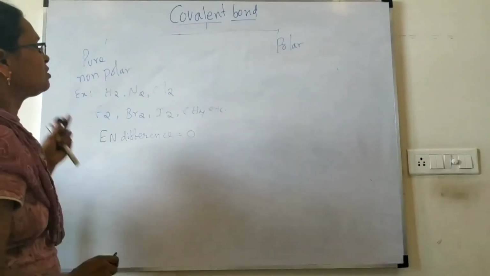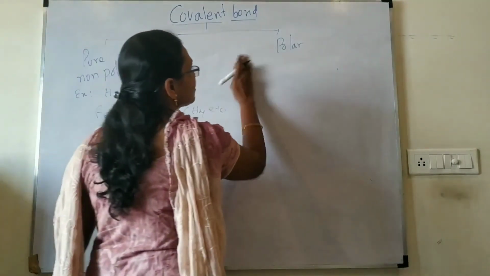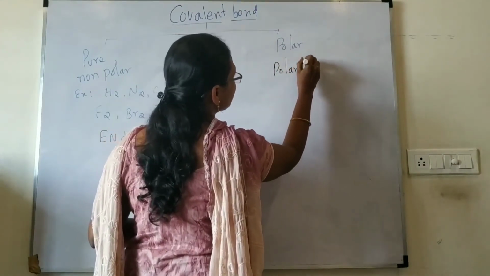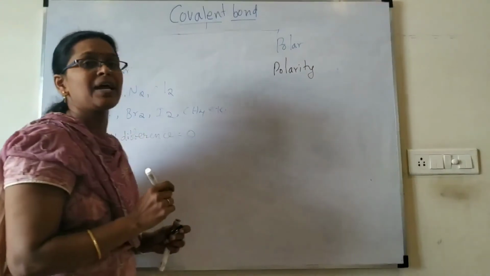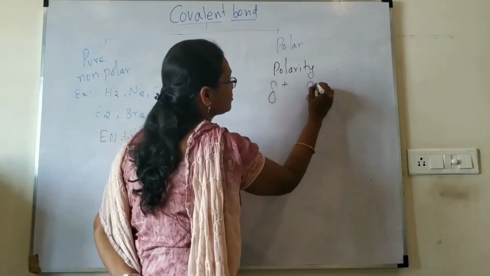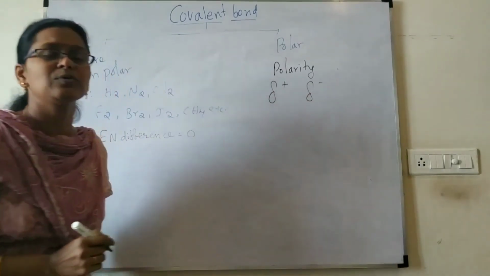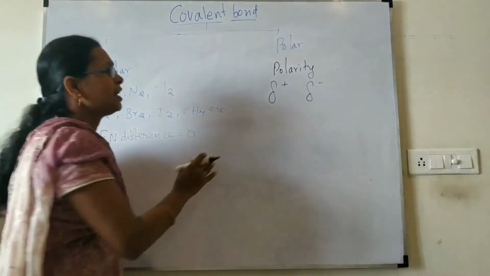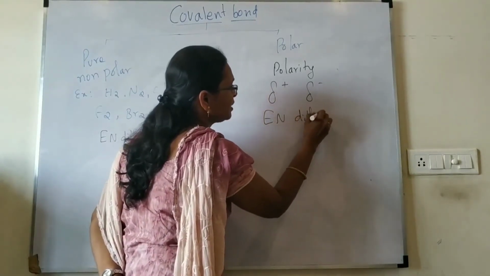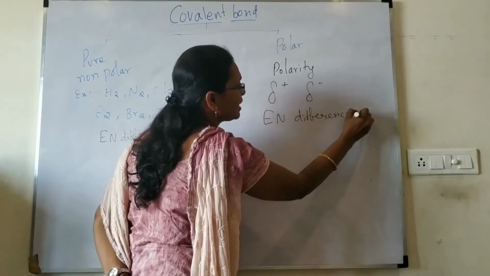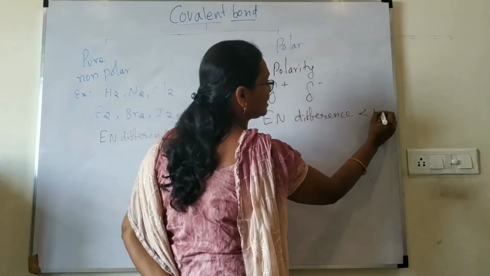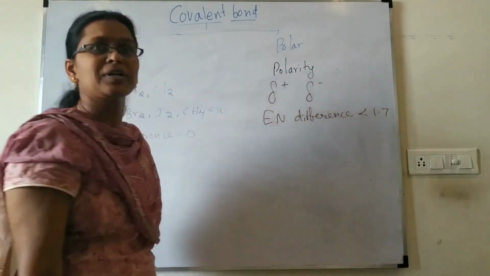When considering polar molecules, polarity will be there, based on the charge. By applying charge, it takes a partial positive charge and a partial negative charge. Here the EN difference will be greater than 0 and less than 1.7, so we can simply write less than 1.7.